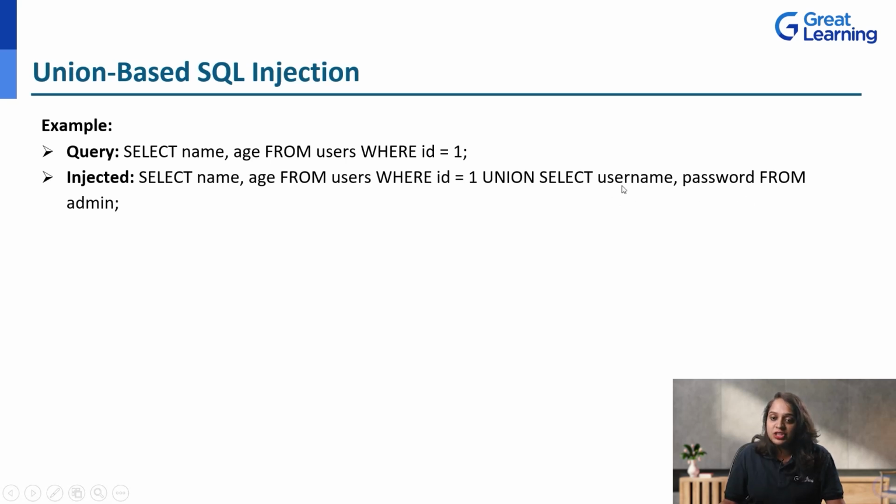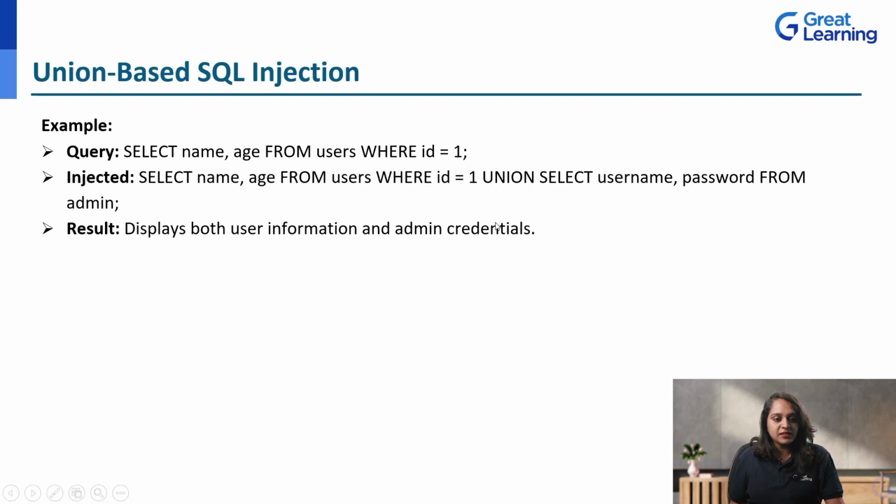This is the malicious query and this is the original query, that is select name, age from users where ID is equal to 1. So the original query is combined or united with the malicious query to do the union-based SQL injection. The result is that it displays both user information and the admin credentials. So from there, you can do the hacking.